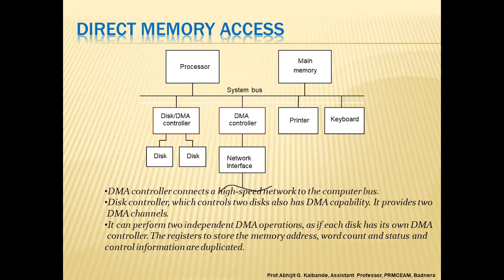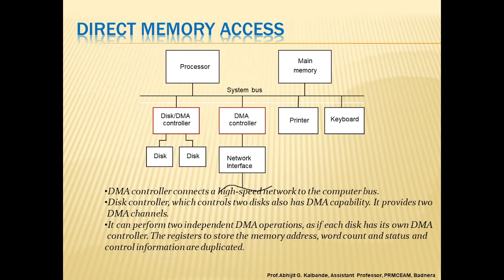In addition to polling the status register of the device, instructions are needed for tasks such as incrementing the memory address or keeping track of the word count. And when interrupts are used, there is additional overhead associated with saving and restoring the program counter, that is PC, and other state information also.